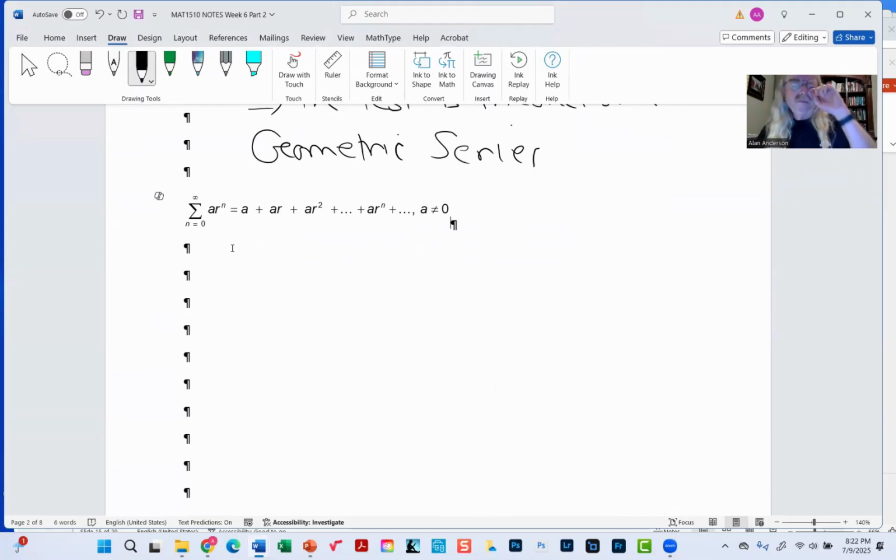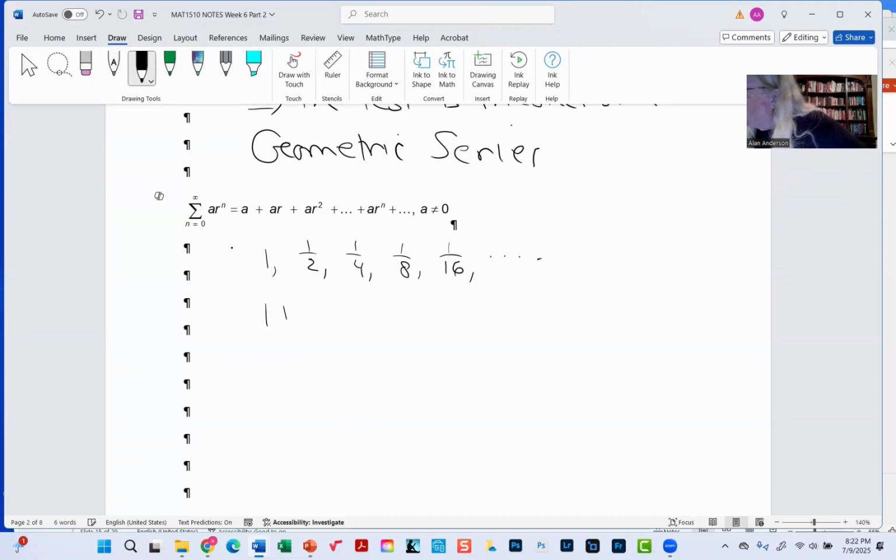And so you could have, for example, those would be the terms of a geometric sequence.